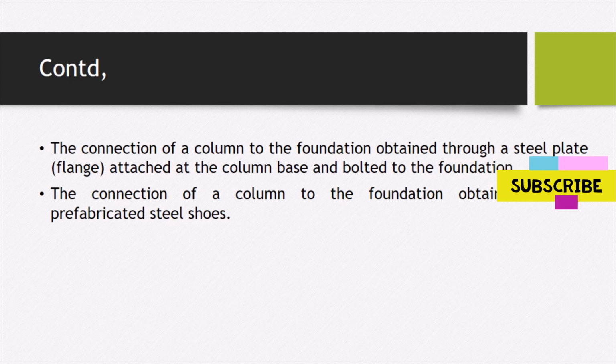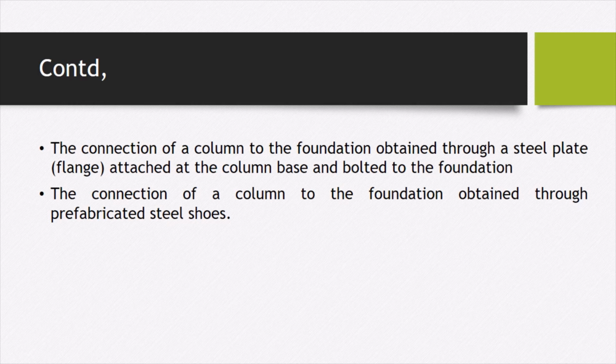At the column base you can see some steel plate placed above the foundation, and we connect the column base and the foundation through bolts. Then the connection of column to foundation is also obtained through prefabricated steel shoes at the foundation, by which you connect the members.